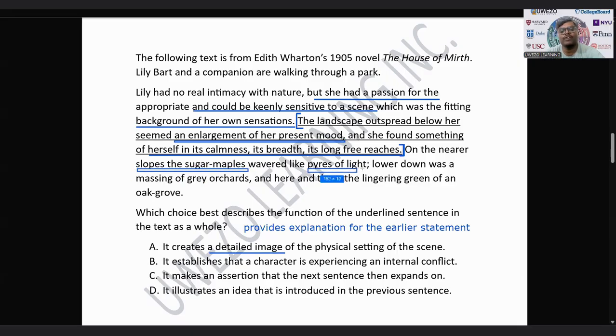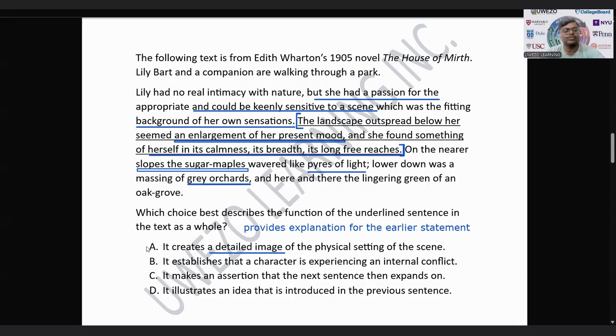So being very, very specific here. Lower down was a massing of grey orchards. Again, being very specific here. Whereas the underlined portion is just making a general statement. So it is not giving any specific details. That makes option A the wrong one.